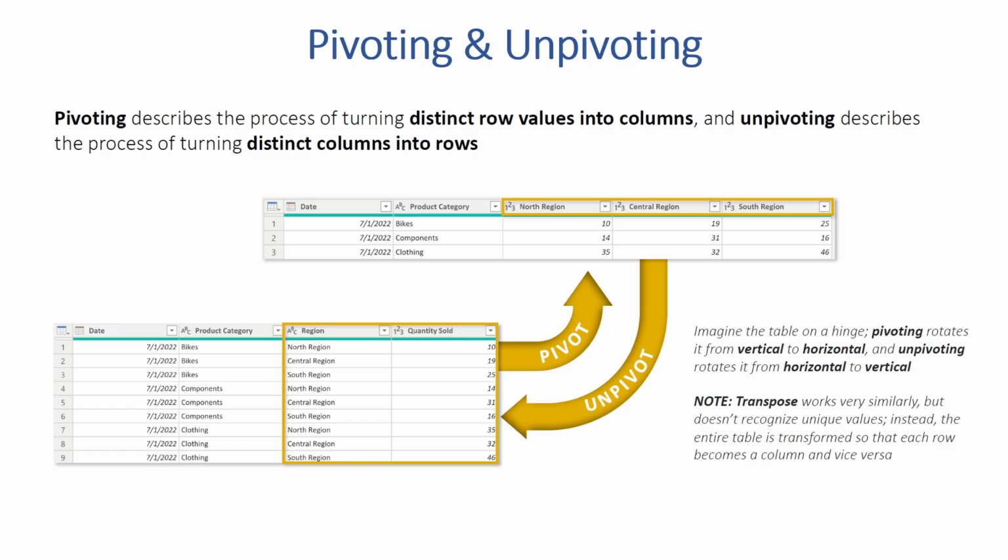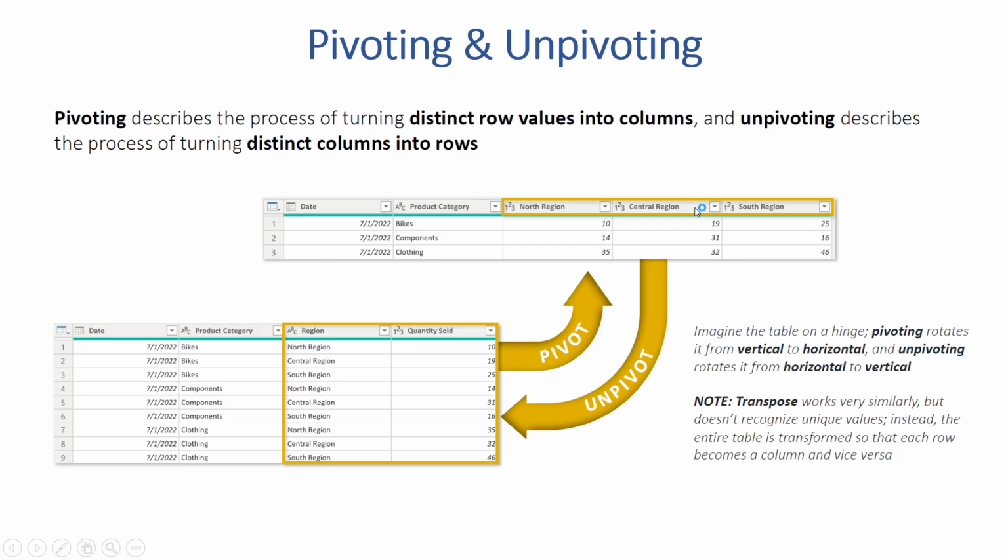Like if we have the data in this format, there's a date, product category, region, and quantity sold. The data is in a vertical way, and you want the horizontal data like this. So what you will do is select this column and pivot it, and it will become like this.